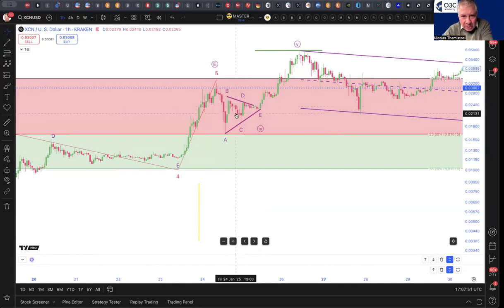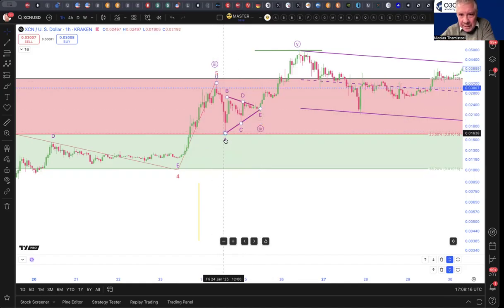So I looked at the structure and said, looks like a triangle to me. I'd be a little bit patient here. If I'm right, I can tell you where you should sell this thing. So I thought, okay, we'll play that. But I said to her that if I'm wrong, I'll know because we'll start to get overlap on the downside.